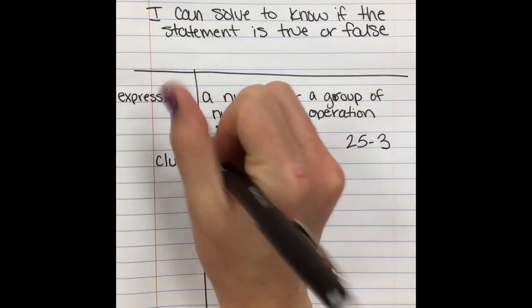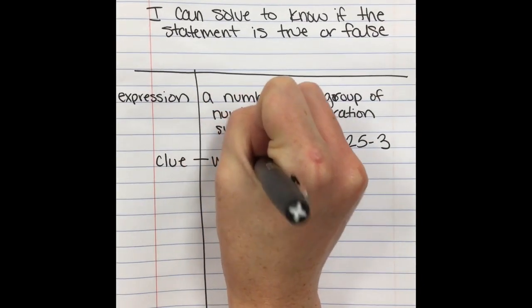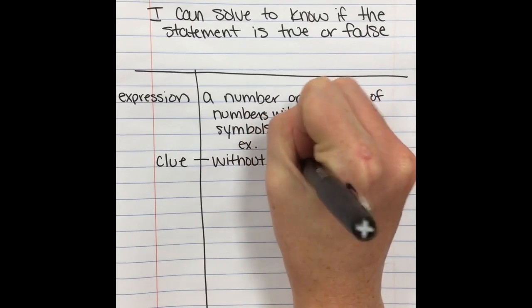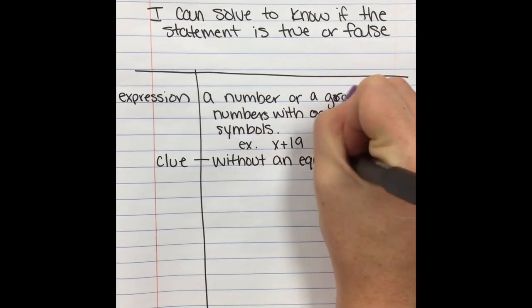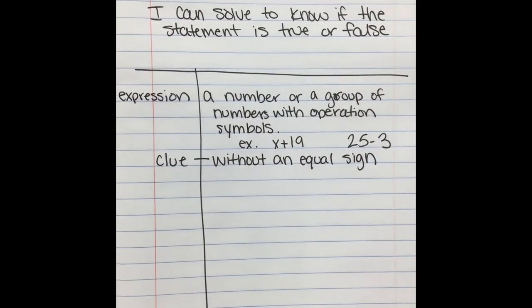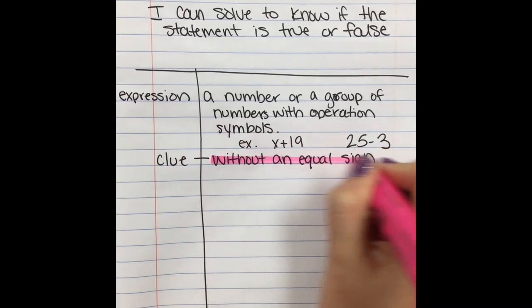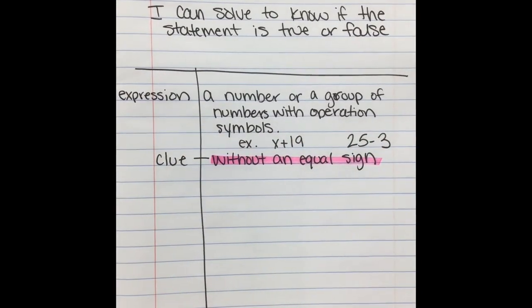My clue is that it is something without an equal sign. So this could kind of be like our clue that you remember. It is without an equal sign. So I'm going to go ahead and highlight this just to kind of show that it's our clue. Our clue is that it's without an equal sign.